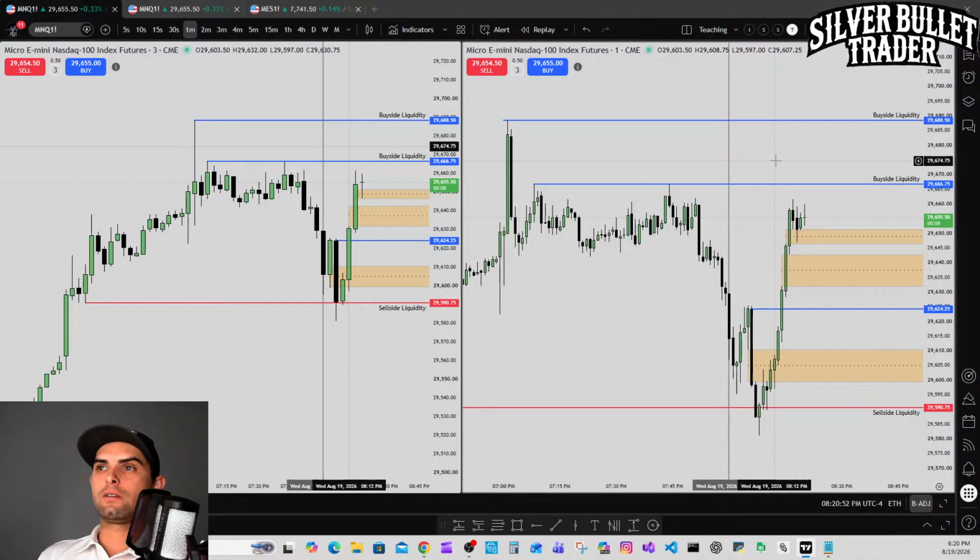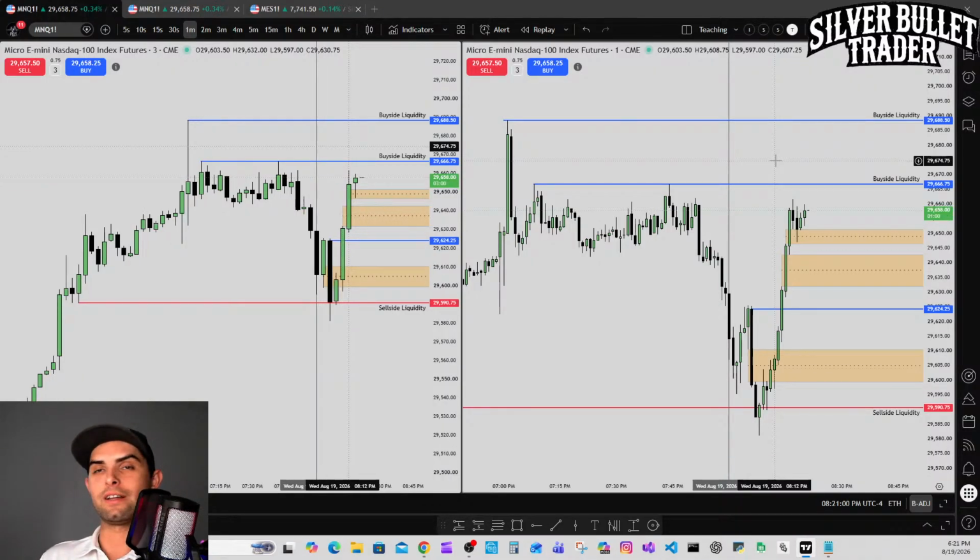And obviously the goal is to lose the least amount possible, the least amount of loss possible. So don't follow the masses if you wanna be good at trading.